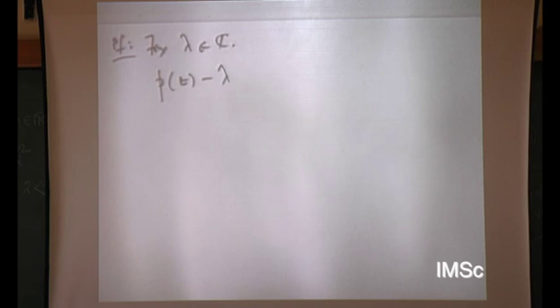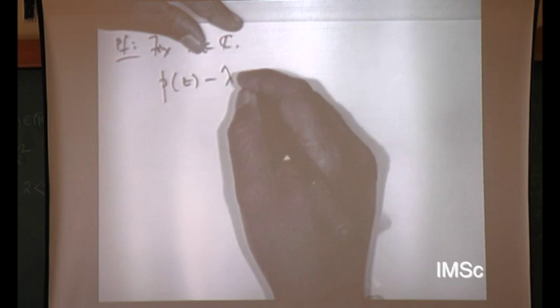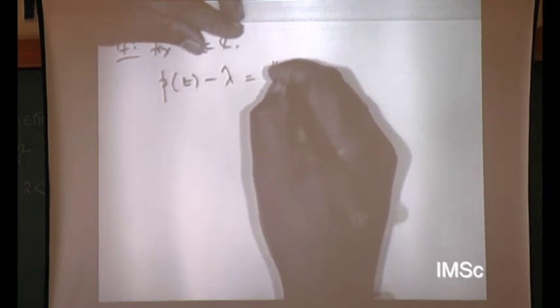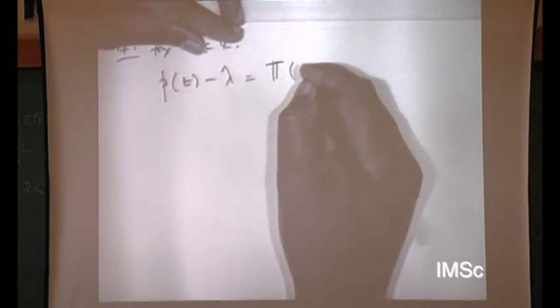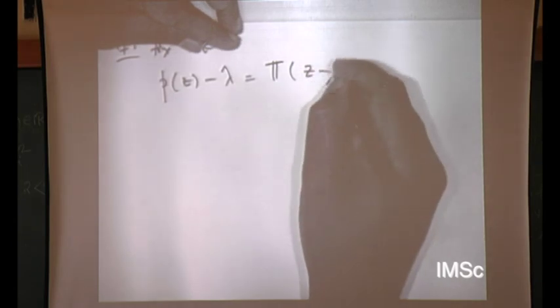This is a complex polynomial, and by the fundamental theorem of algebra, that will split into linear factors. So you can write this as a product of z minus mu_i.